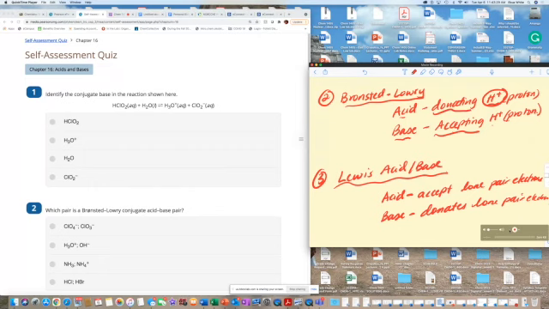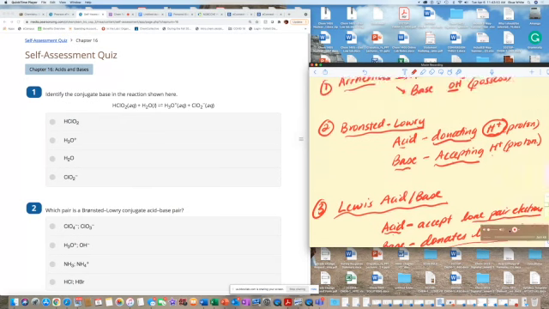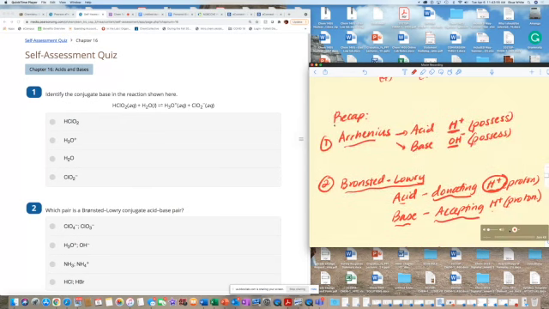So it's all about accepting and donating for the last two groups, but what is being accepted and donated are different. So we see that here. Acids accept lone pair electrons, base donates lone pair electrons, right? So it's all about the haves and have-nots, while in the first group, with Arrhenius, it's the possession of H plus and OH minus.